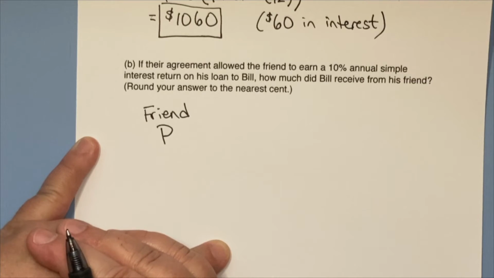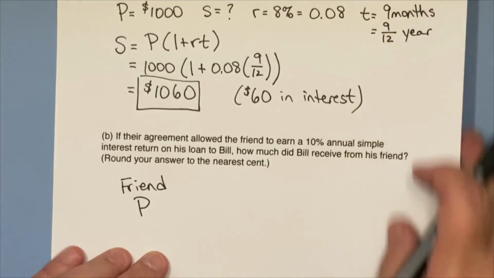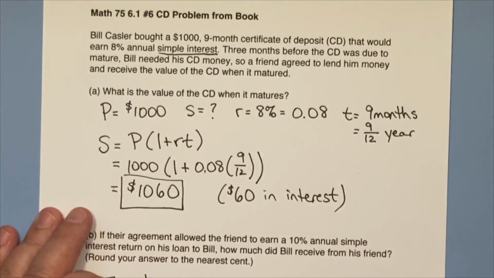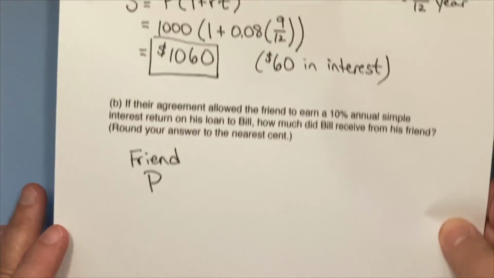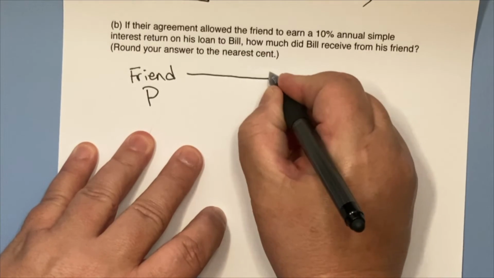And then remember that this is, you can't see that, so let me pull it down. 3 months before the CD was due to mature. So this is well into the life of the CD. So we're going to go 3 months.